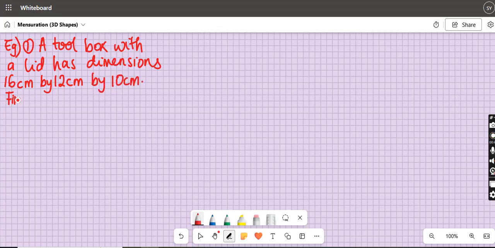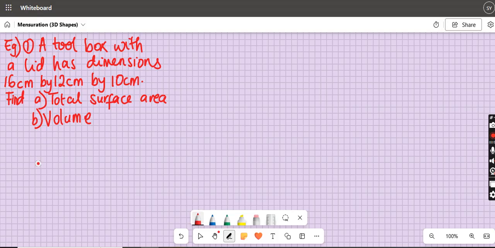Find A, the total surface area, and then find B, the volume of the toolbox.